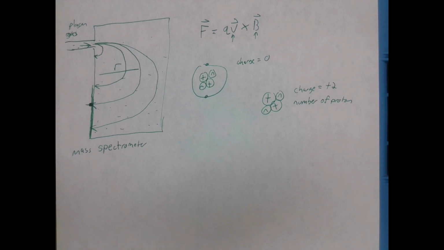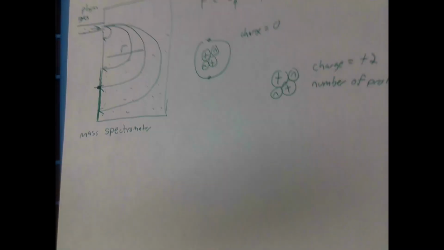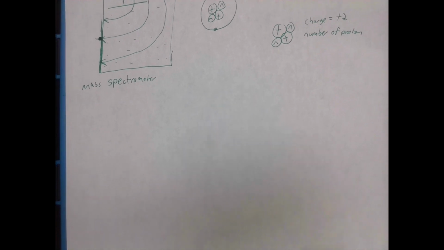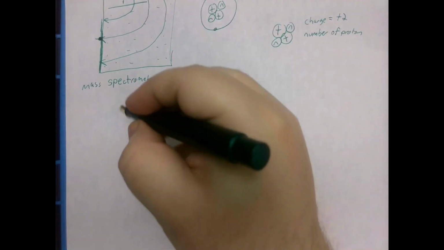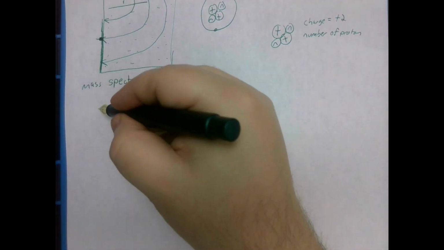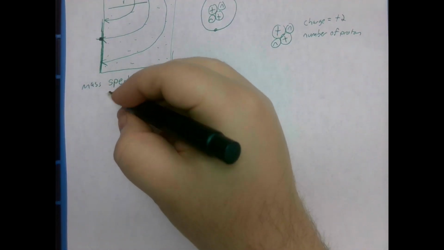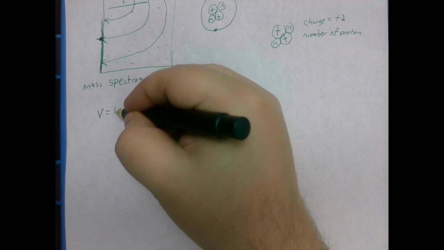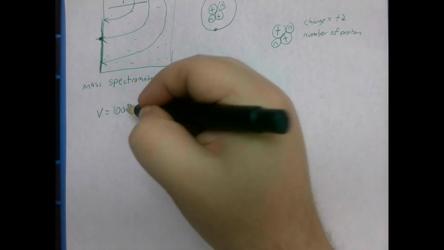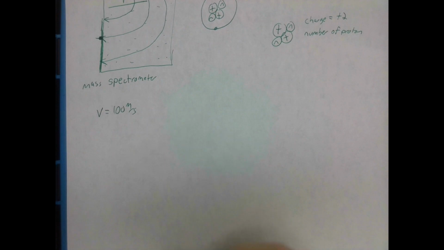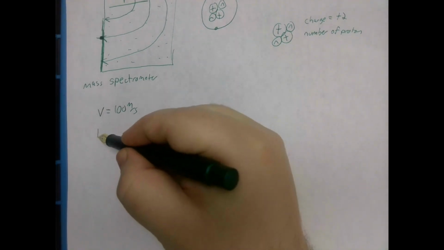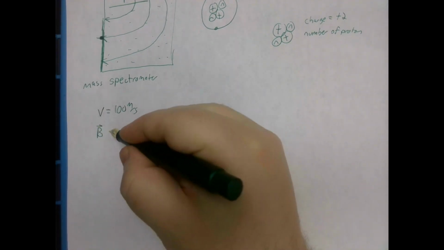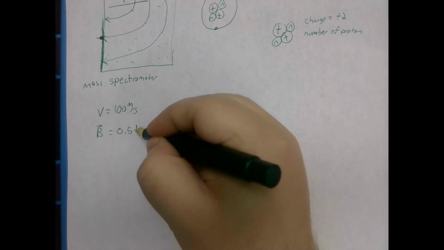So, I'm not going to know these values. I haven't worked out an example, but let's do one. Let's say that we're moving these through it at a velocity of 100 meters per second. Let's make the magnetic field equal to a half a Tesla.